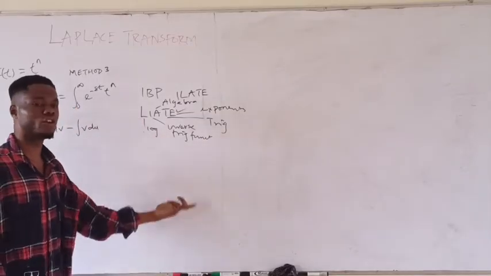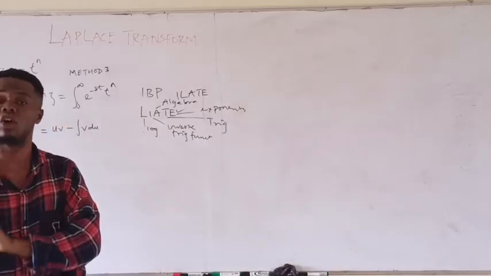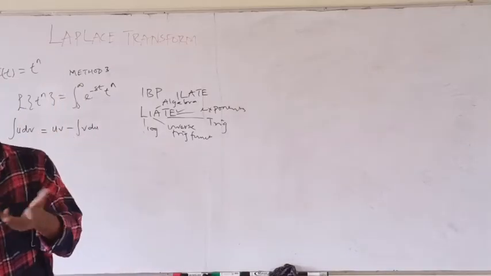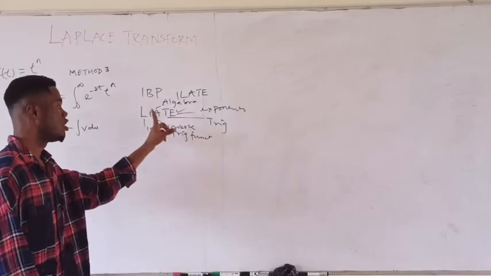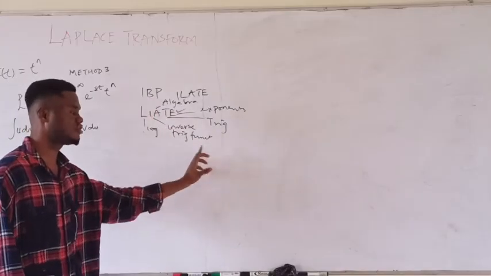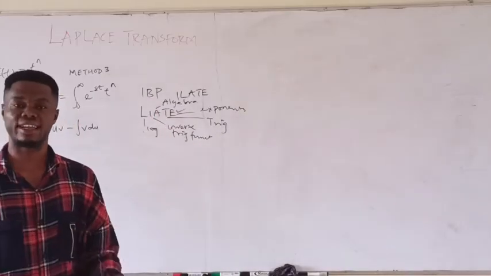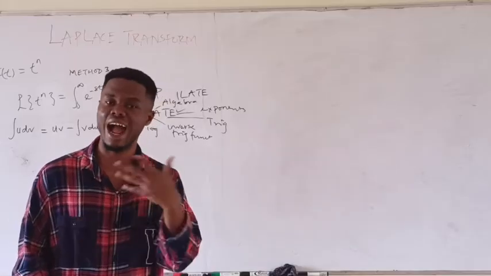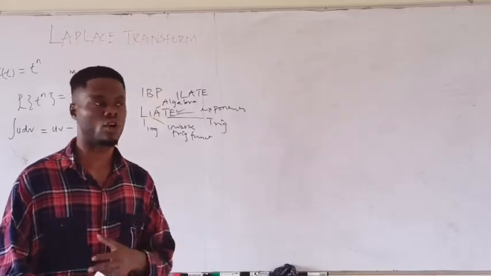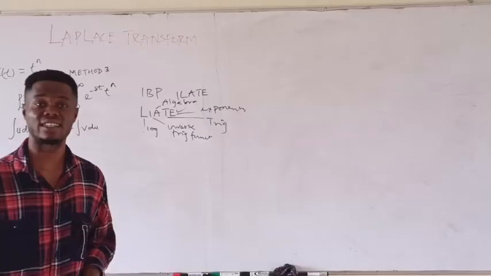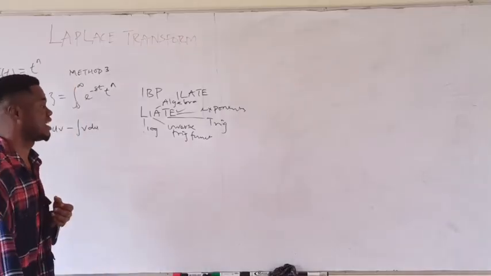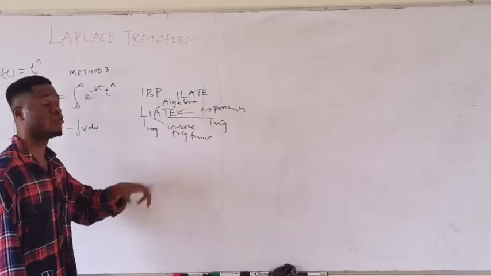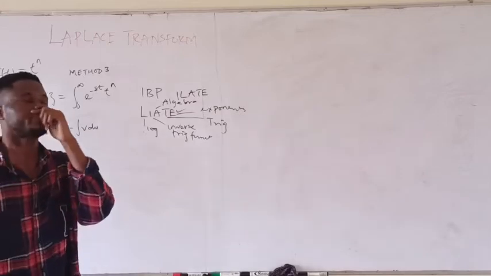If the function has a logarithm, that logarithm will take the value of your u. But if it doesn't have a logarithm, look at the function. Does it have an inverse trig function, like arctan, arccos, arcsin, that is tan inverse and sine inverse? If it has, then that will be the value of your u.